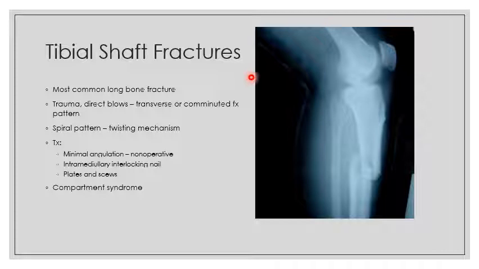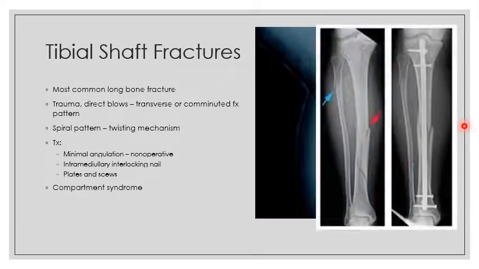So for direct blows, you can create the transverse or comminuted fracture pattern. For spiral patterns, basically it's from a twisting mechanism. So the gold standard for this one is to use an intramedullary nail. So this one is a twisting mechanism, as you can see, the fracture pattern is going that way.